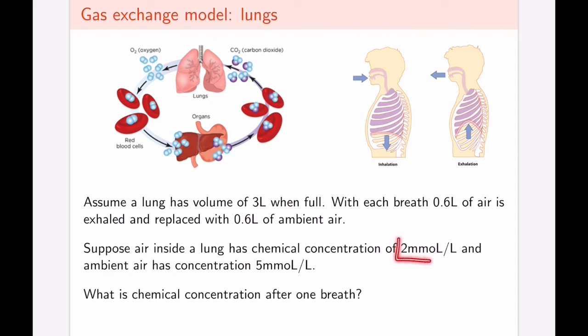Suppose it has a concentration of 2 micromoles per liter inside the lung, and the outside concentration is actually higher at 5 millimoles per liter. So you're breathing in some polluted air, let's say. What is the chemical concentration in the lungs after one breath and then after several breaths?